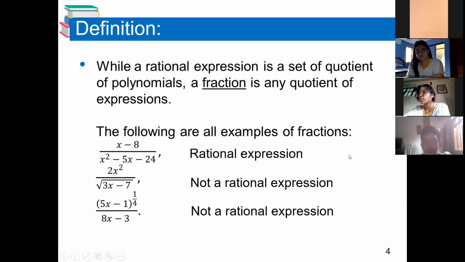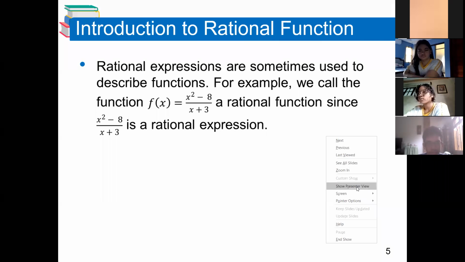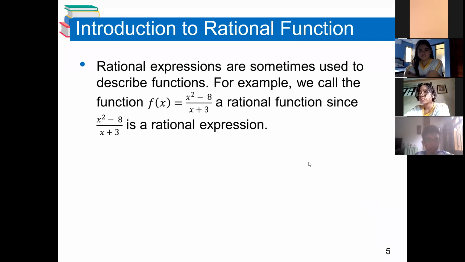Okay, let's try the next slide. Here now is an introduction to the rational function class. A rational function is a function composed of a rational expression. See the function f of x equals x squared minus 8 all over x plus 3.